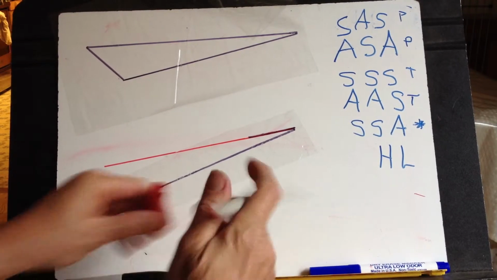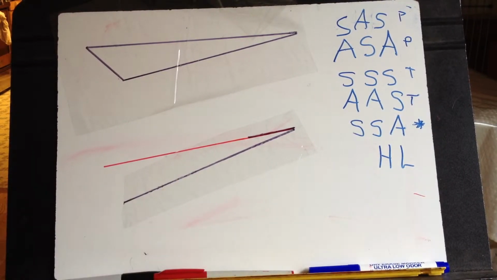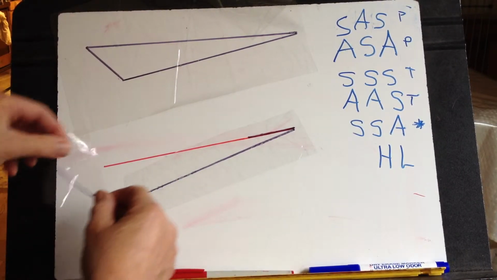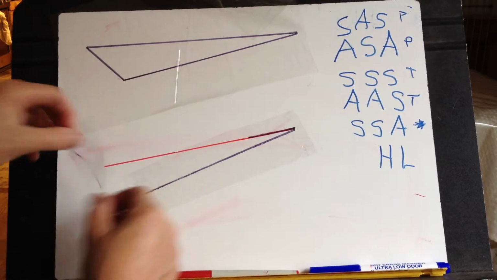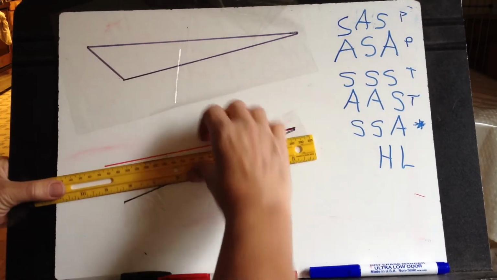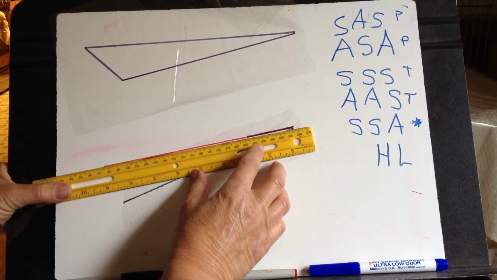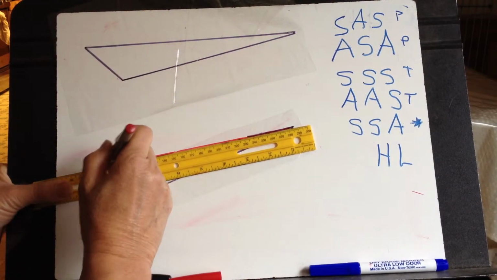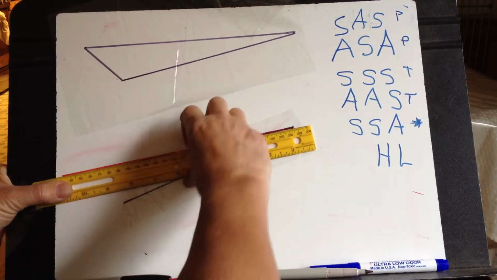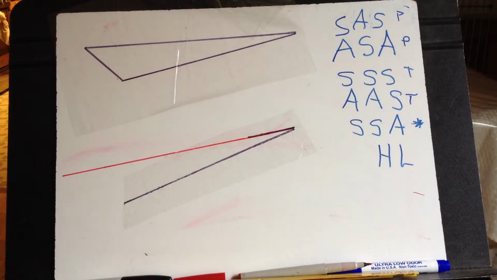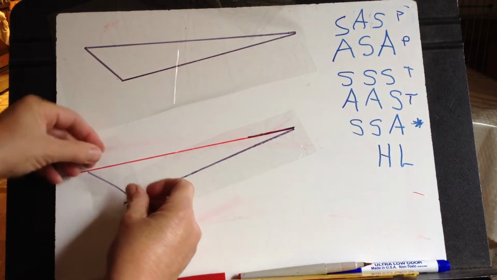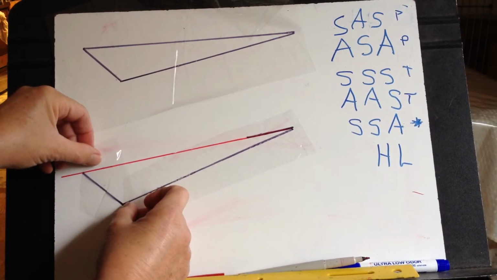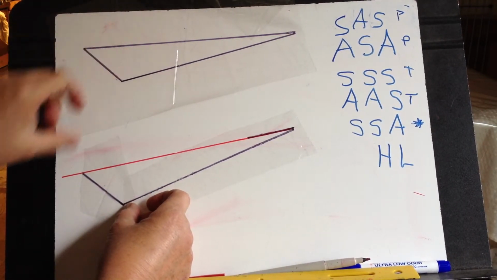And here's the third side. It looks like I need to extend my angle just a little bit more. And here's the third side. Well, if I stick it on here and stick it up there, it does indeed look like that triangle.